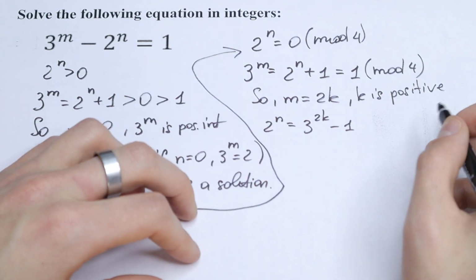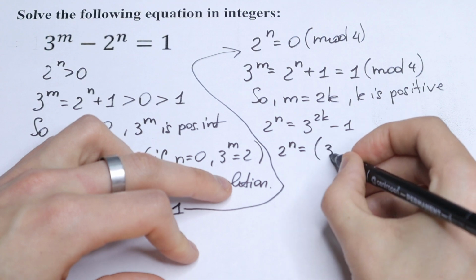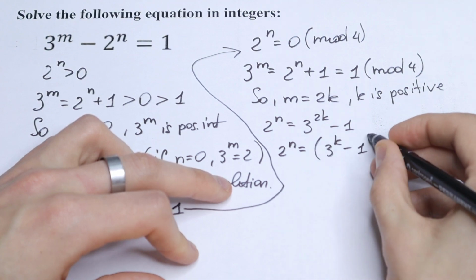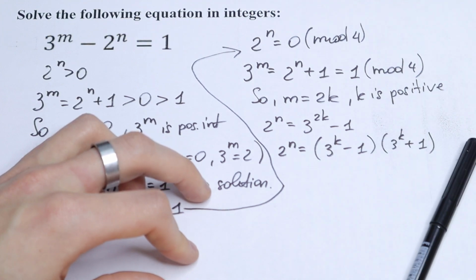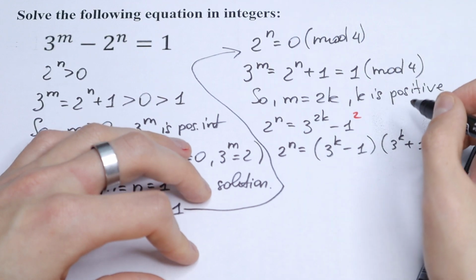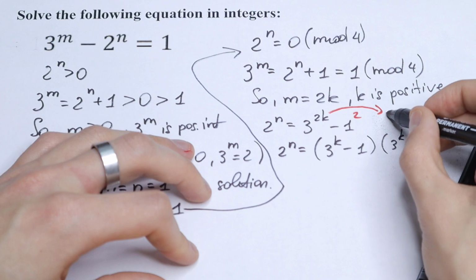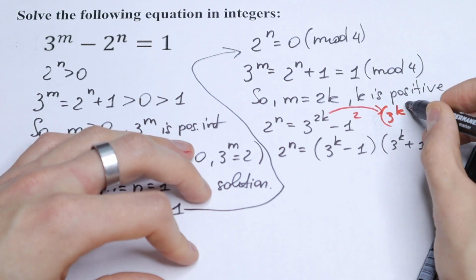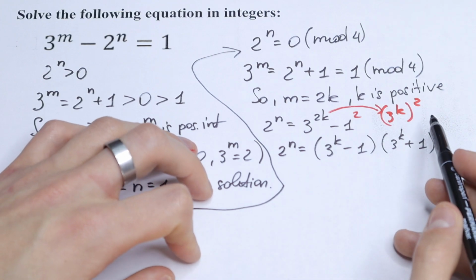Let's factor it. Factoring it we get 2 to the power n equal to 3 to the power k minus 1 times 3 to the power k plus 1. Because we can write 3 to the power 2k as 3 to the power k squared, and 1 as 1 squared, so it is a difference of squares.